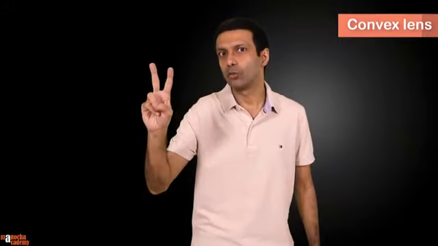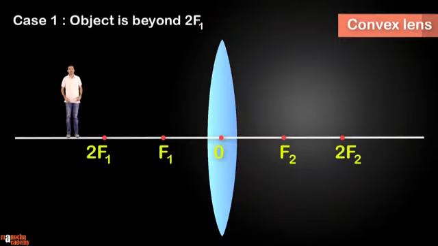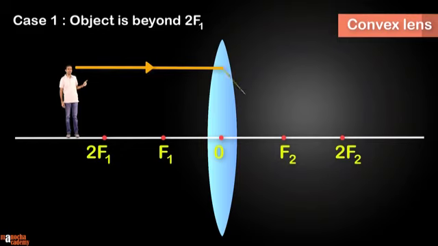So from my head, remember, we need to select 2 out of the 3 rules. Let's use rule 1. The ray which is parallel to the principal axis after refraction by the lens passes through the focus. So this is our first ray here. For the second ray, let's use rule 2.